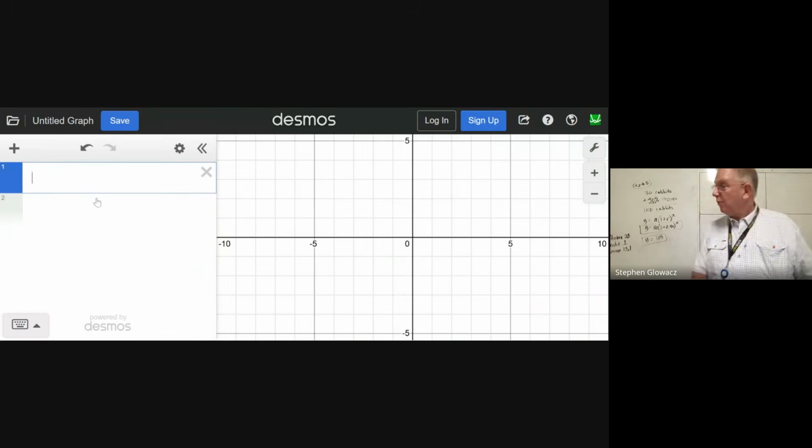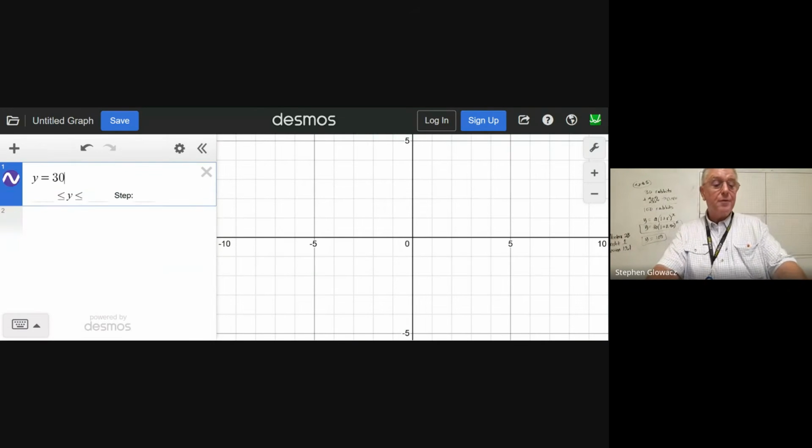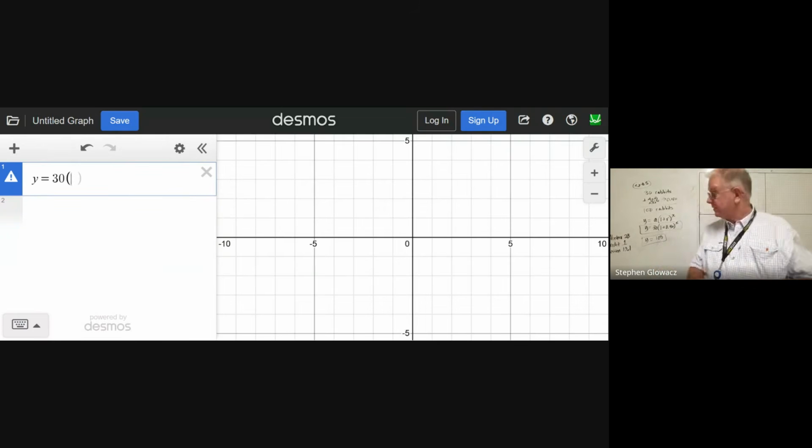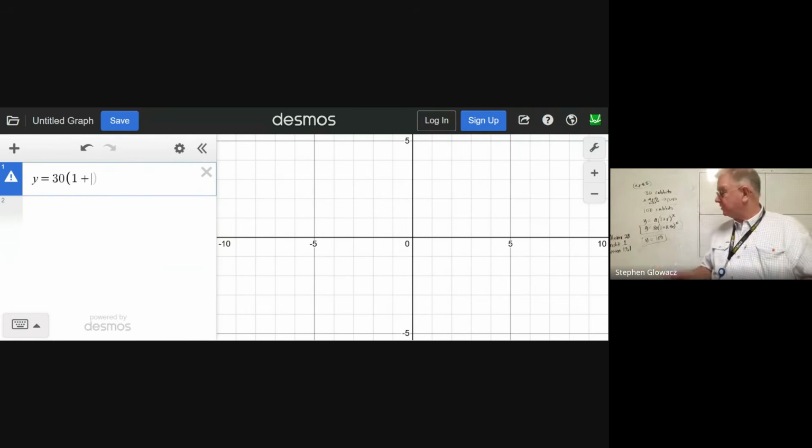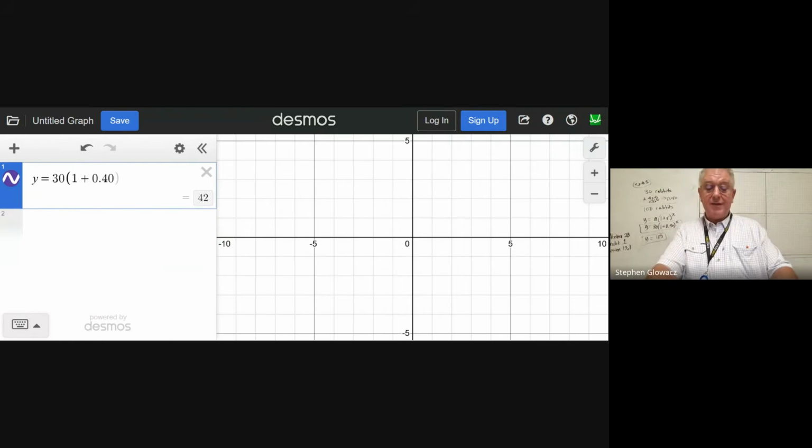We're going to type those in. We have y equals 30 times 1 plus 0.40. Now you could also simplify that. 1 plus 0.40 would just be 1.4, but we can just leave it like that.